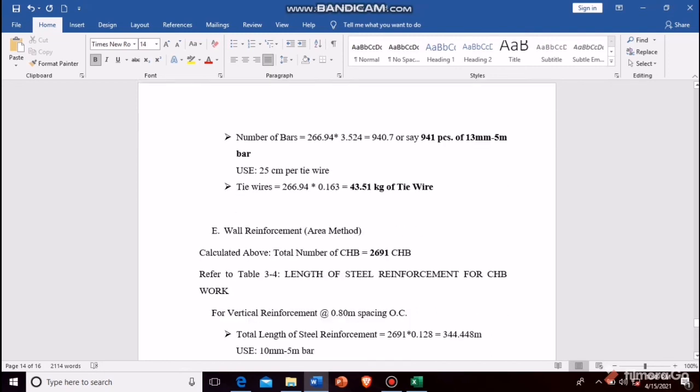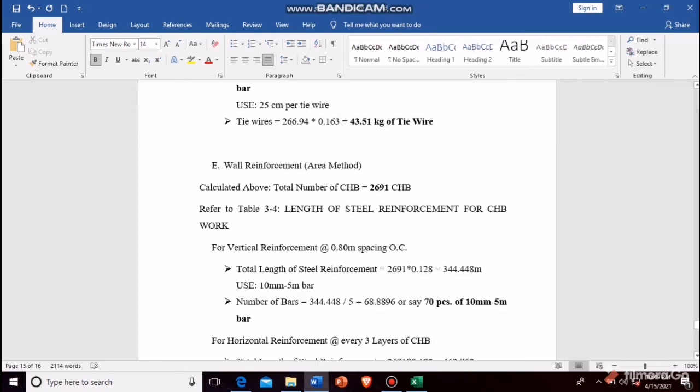So for letter E, for the wall reinforcement area method. So gikan gina sa masonry atong total sa concrete hollow blocks is 2691 CHB concrete hollow blocks. So refer to table 3-4. Length of steel reinforcement for concrete hollow blocks work. For vertical reinforcement at 0.80 meter spacing OC.